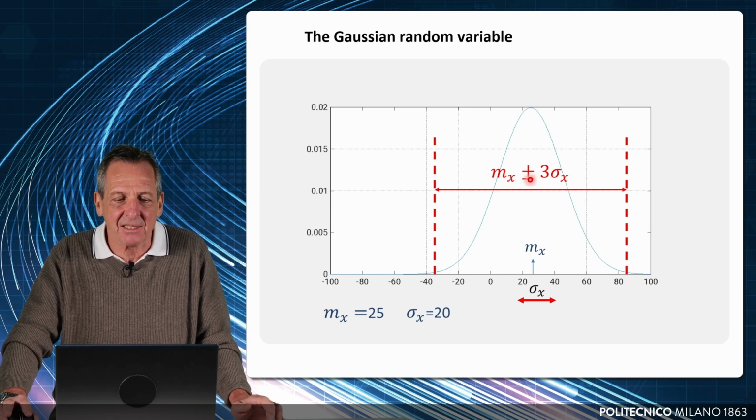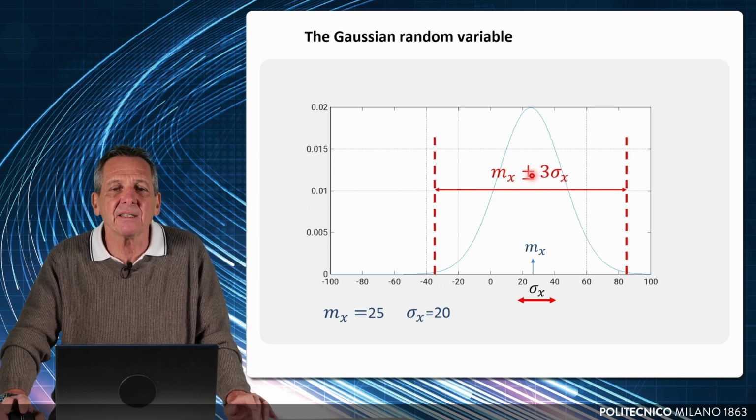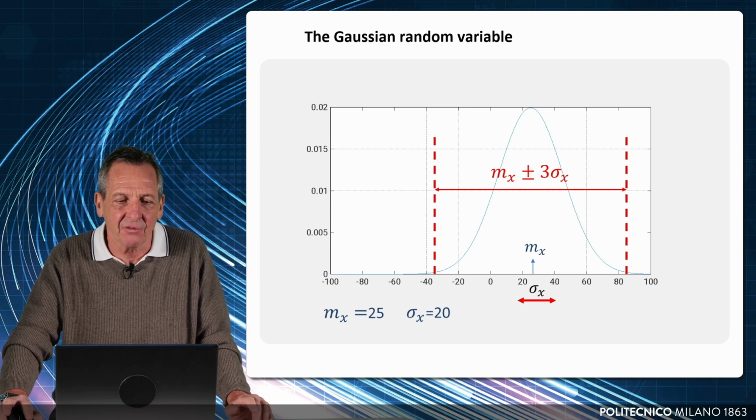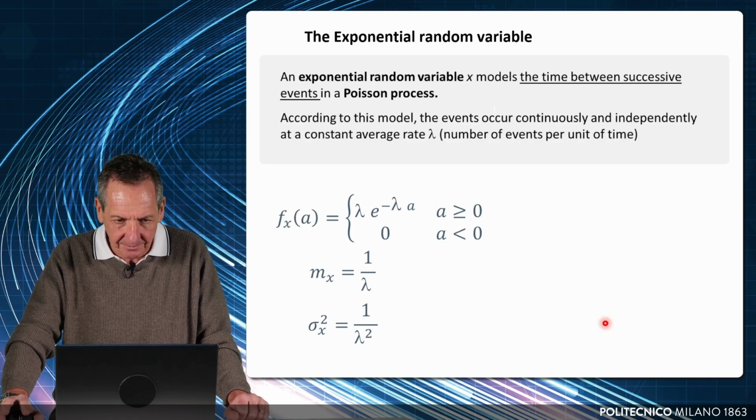So mx plus or minus 3 times sigma includes almost all the probability of the Gaussian random variable.